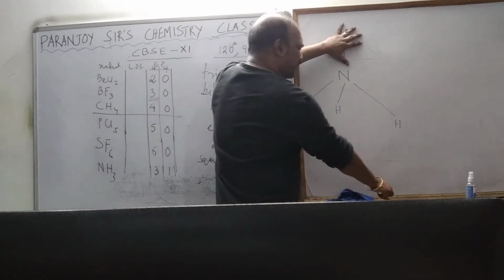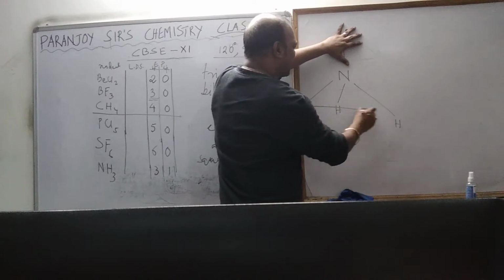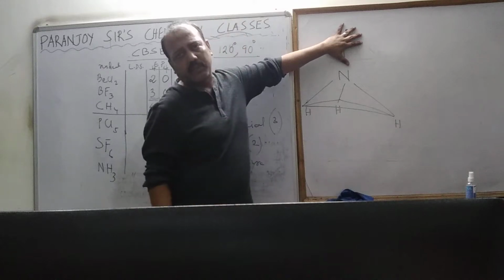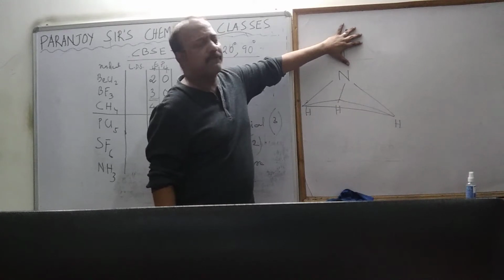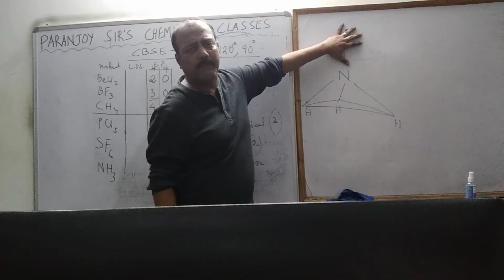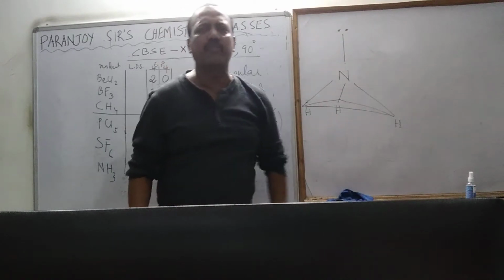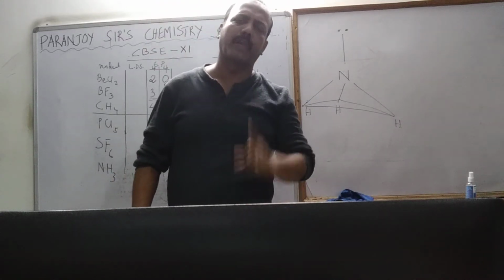If we see only this part, it just looks like a pyramid, a triangular pyramid. Yes. So if you are asked what is the shape of ammonia, we are going to say it's pyramidal, or triangular pyramidal. But if you are asked what is the geometry, we are going to say tetrahedral with 1 lone pair of electrons.